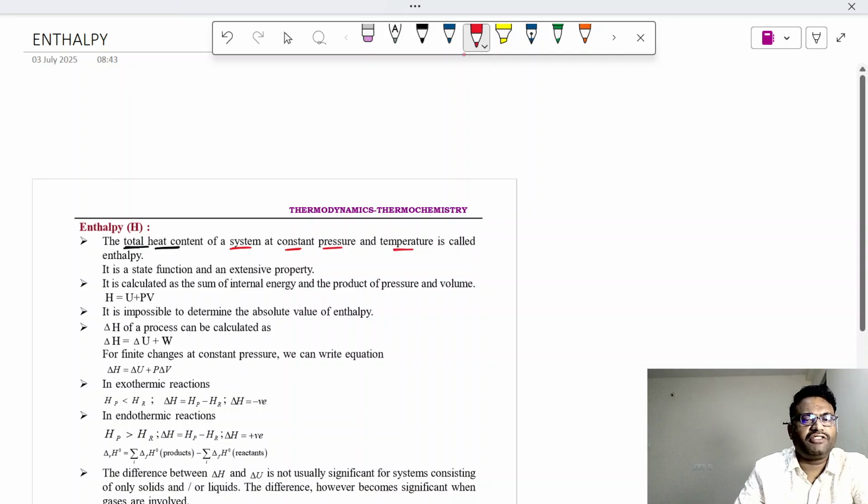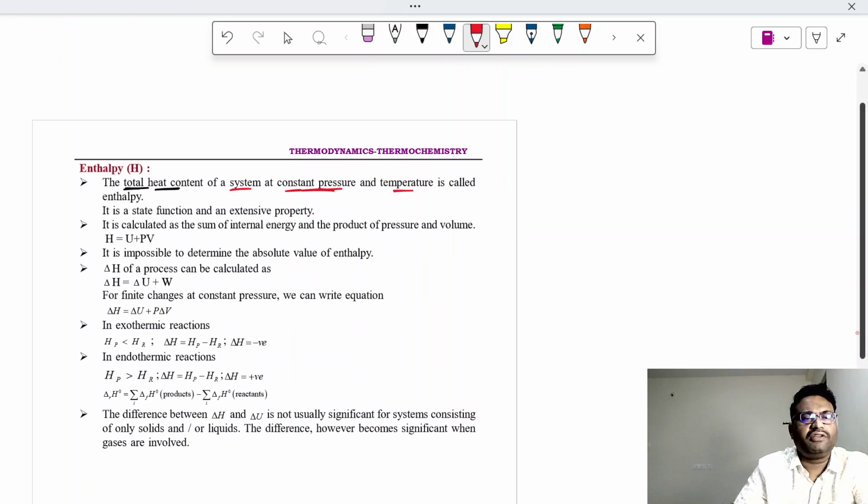Generally, when the temperature is changed, heat content will be changed. So mainly we are speaking about constant pressure. So the total heat content of a system at constant pressure and temperature is called enthalpy, right?